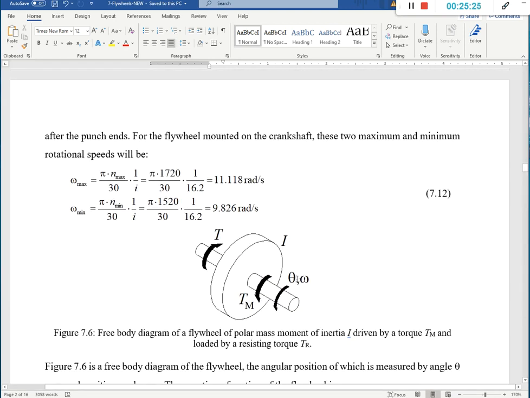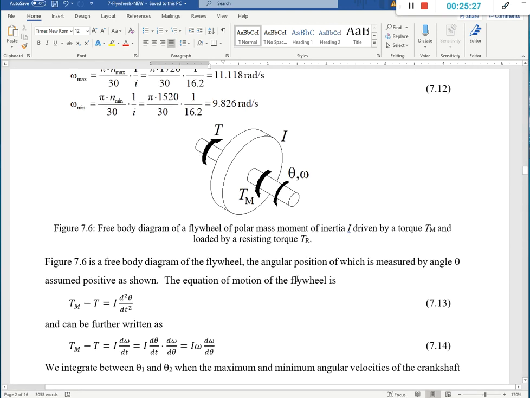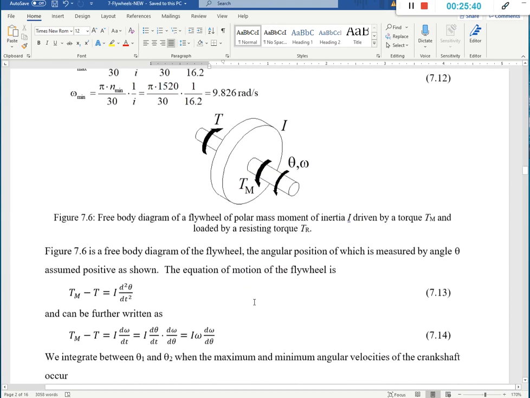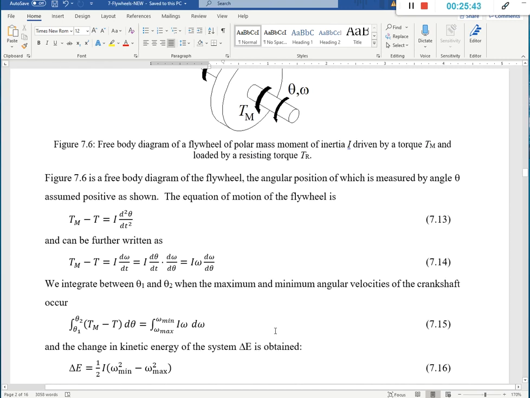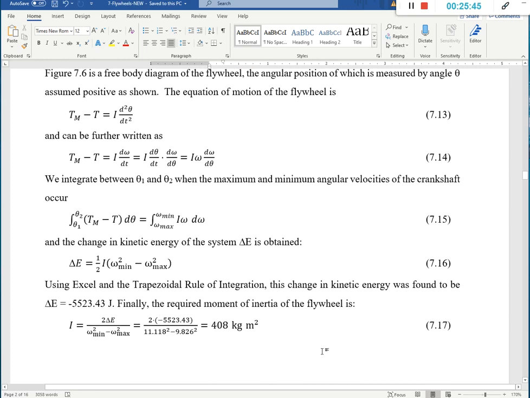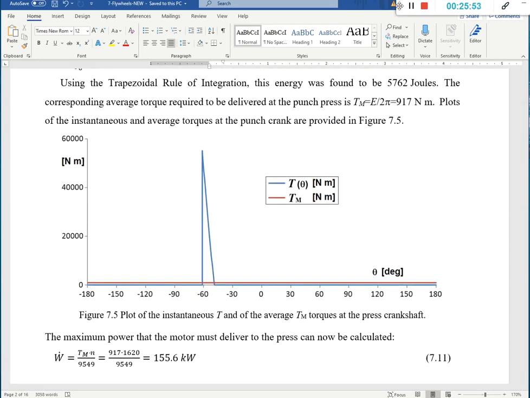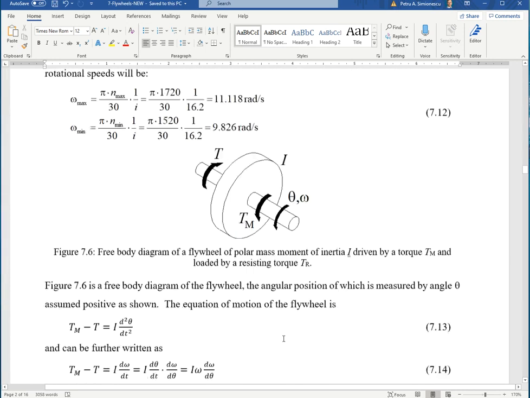For the numerical example, consider the coefficient of speed fluctuation, and what the maximum and minimum RPM would be, and then the case of numerically calculating the area of delta E that we discussed earlier.